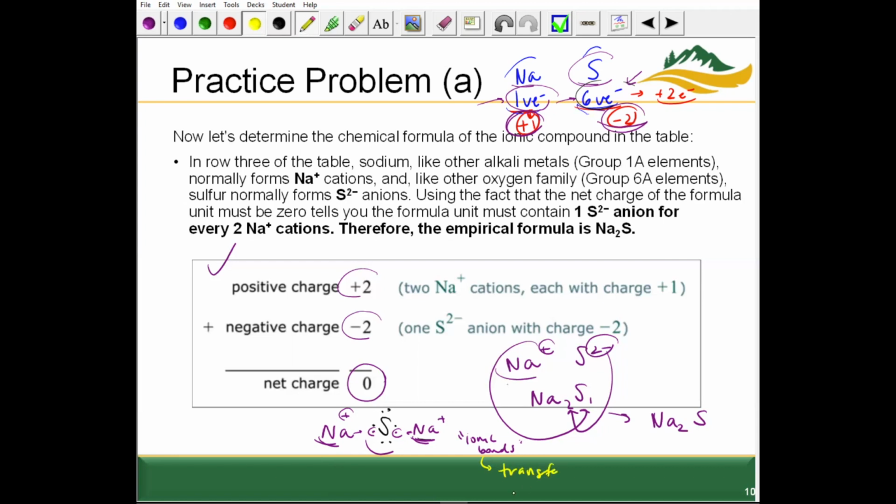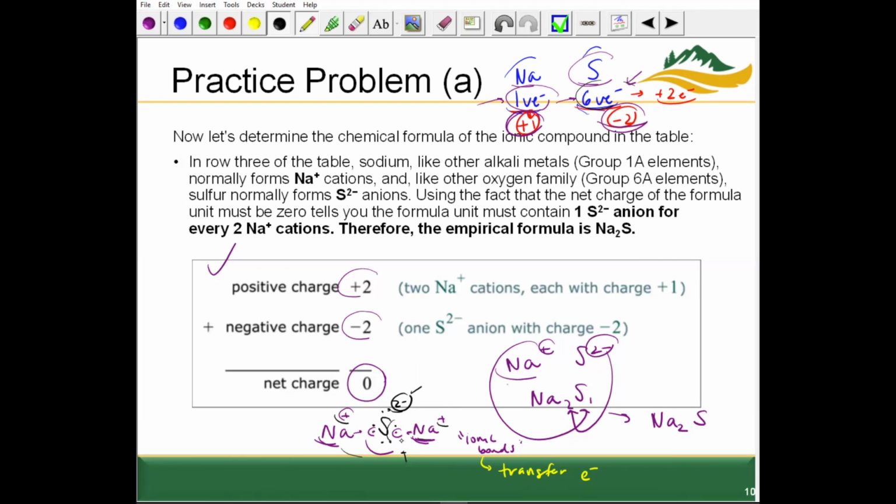It's not really a bond, it's a transfer of electrons that then causes a really strong electrostatic attraction between all the atoms in an ionic compound. The +1 charge for the 2 sodiums is going to be very attracted to the -2 charge from sulfur. So we have an ionic compound here, not a true bond between them, but a transfer of electrons.